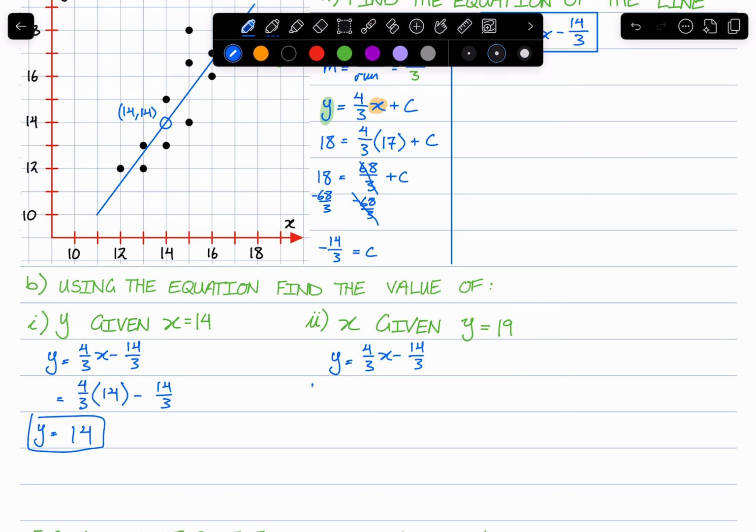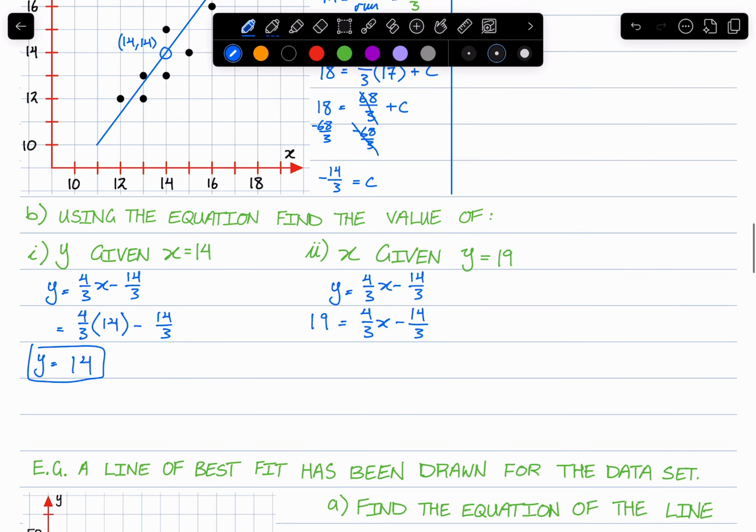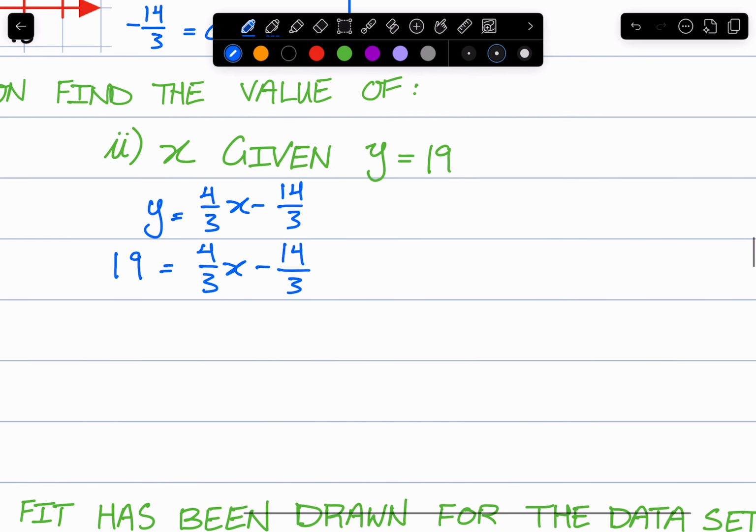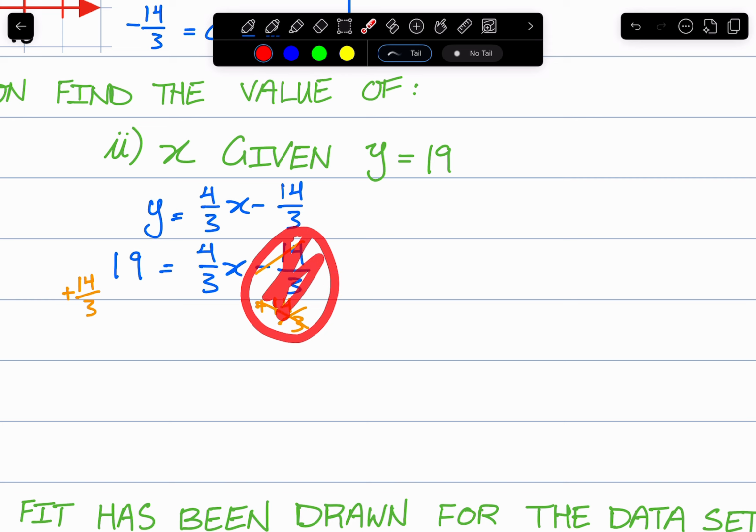So this gives us 19 equals 4 on 3x minus 14 on 3. Well, then from here, we can simply add 14 on 3 to both sides.